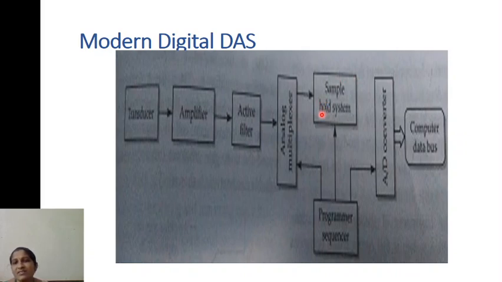The sample and hold system will properly hold the signal till the previous signal has been processed. Only after the previous signal has been processed will the next signal be placed in the queue, so that the data will not be merged. So we will not lose the data, and mix up of data will not happen.